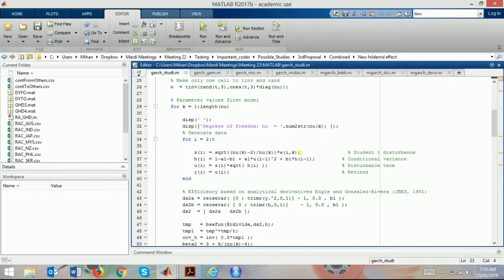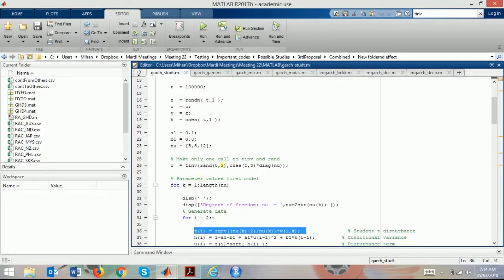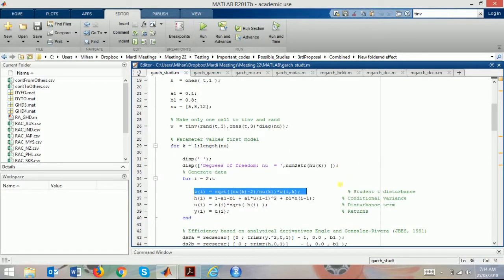I need to generate data for, I want 2 to T, where Z is the student's T disturbance, nu minus 2 divided by nu multiplied by weight. W is weight, multiplied to the T inverse thing.